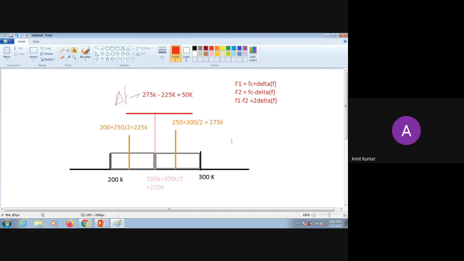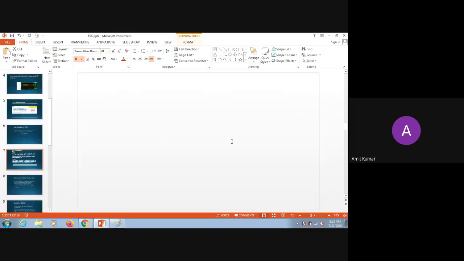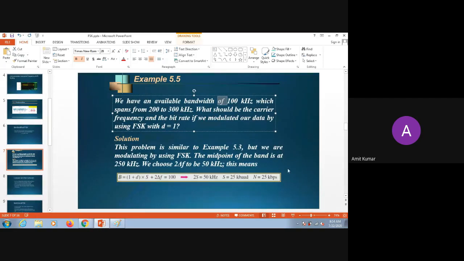So your bandwidth will be the same as ASK, but we will require 2 delta F extra bandwidth in comparison with the ASK signal. We have calculated 2 delta F as 50 kilohertz.